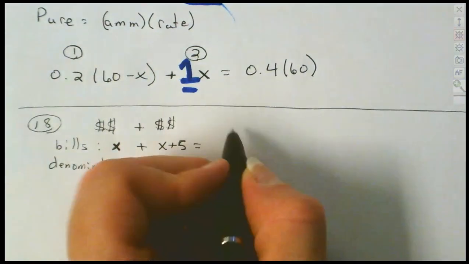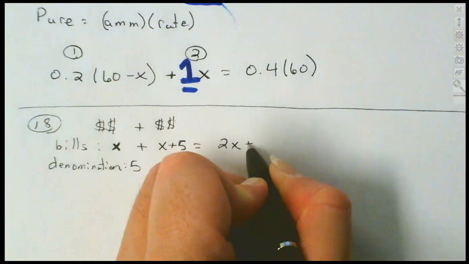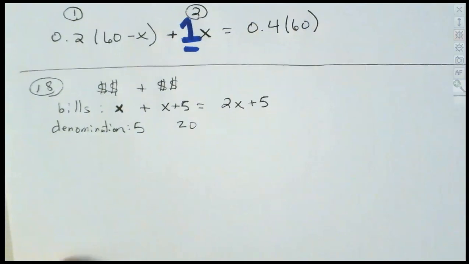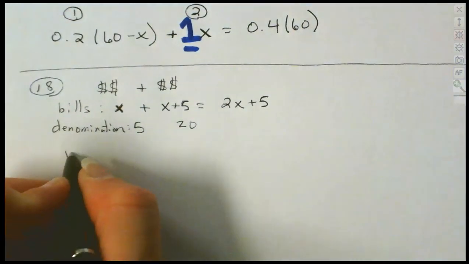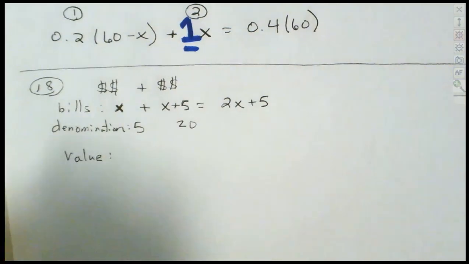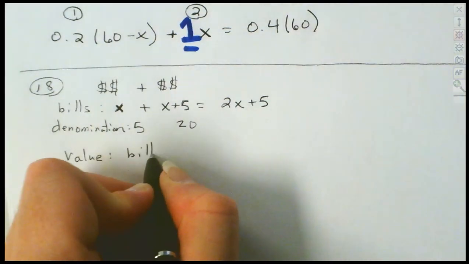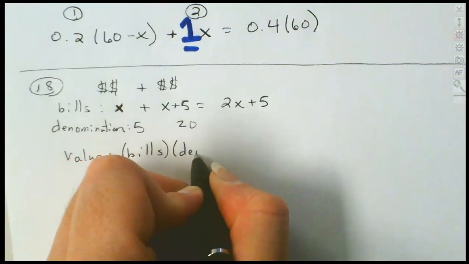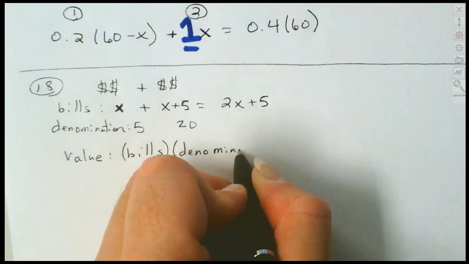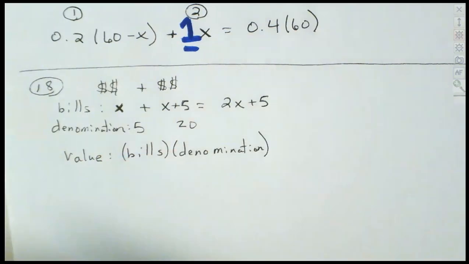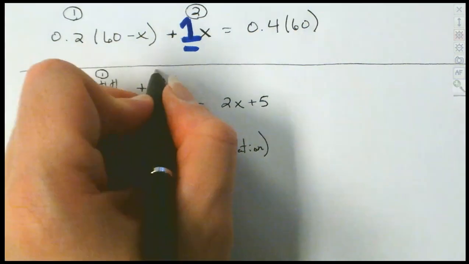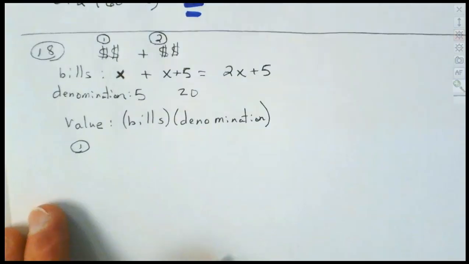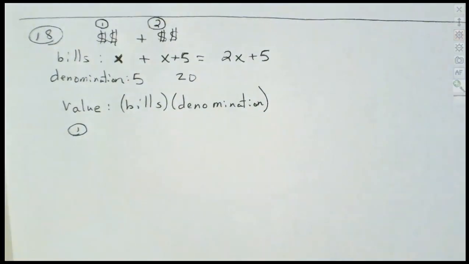When we add these across, what do we get? We get 2X plus 5. Now we're going to look at our value. And the value of the money is going to be the number of bills that we have times the denomination. So we've got bills and we've got the denomination.